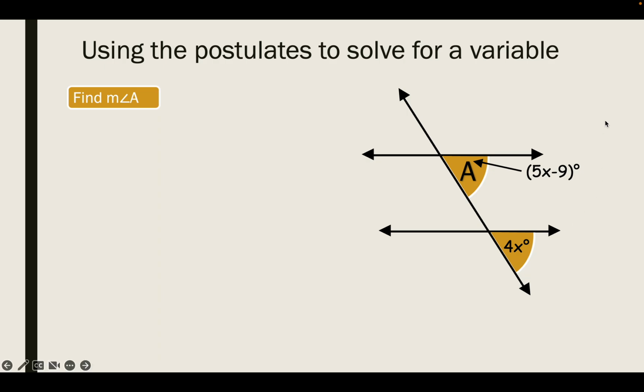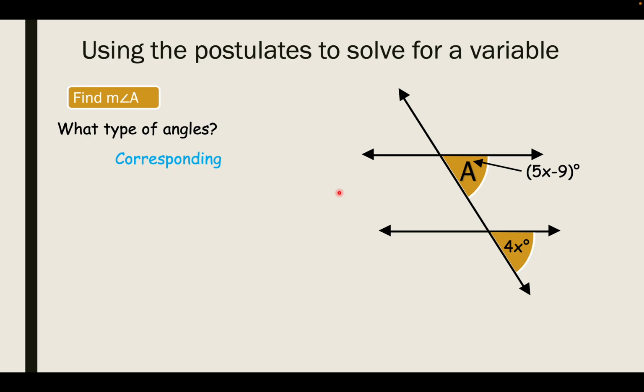We need to find the measure of angle A. Well, when I just start this, I think, what type of angles are we dealing with? So this angle here and this angle down here, I know that those are corresponding angles.